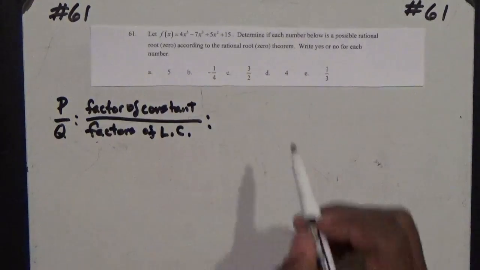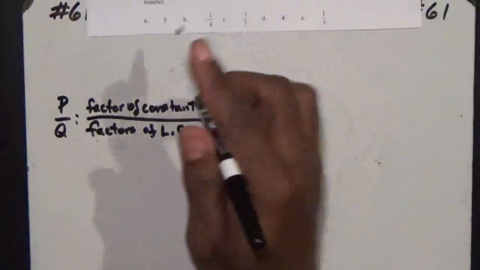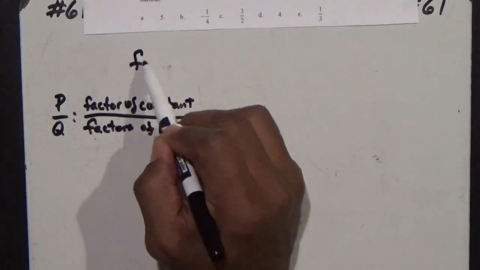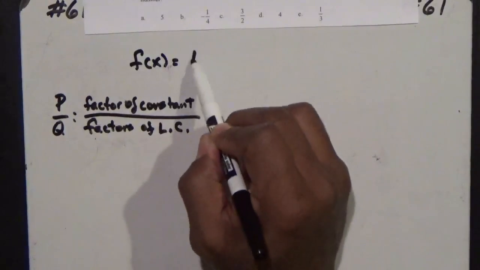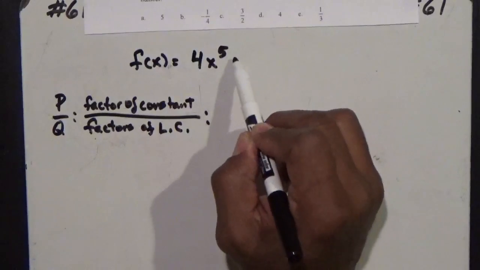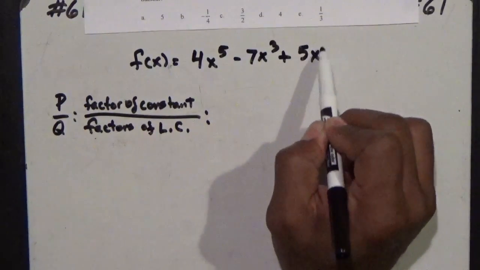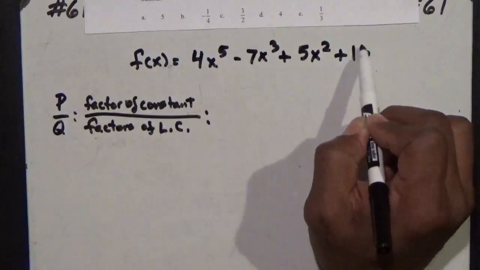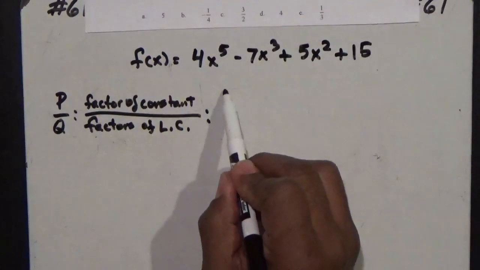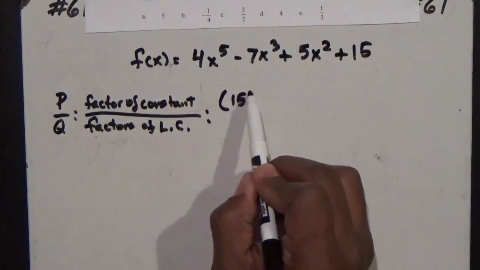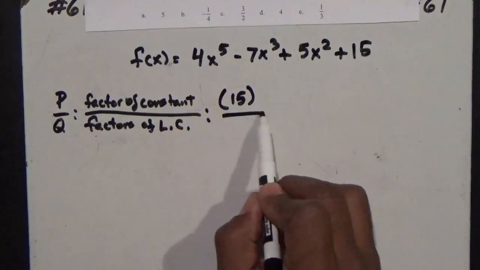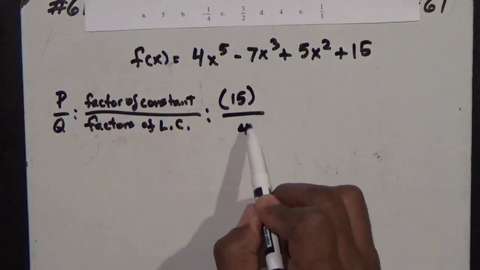What we have for 61 is f of x is equal to 4x to the 5th minus 7x cubed. So it's already in standard form for us. Squared plus 15. So our constant is 15, and our leading coefficient is 4.